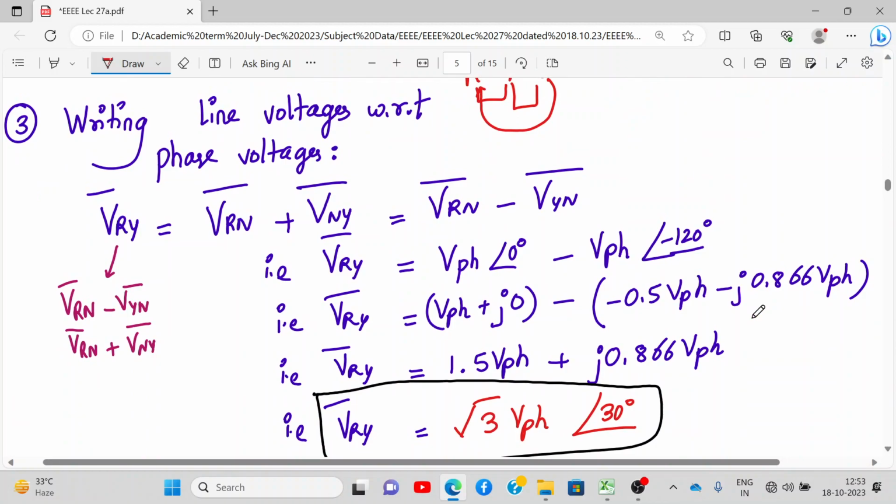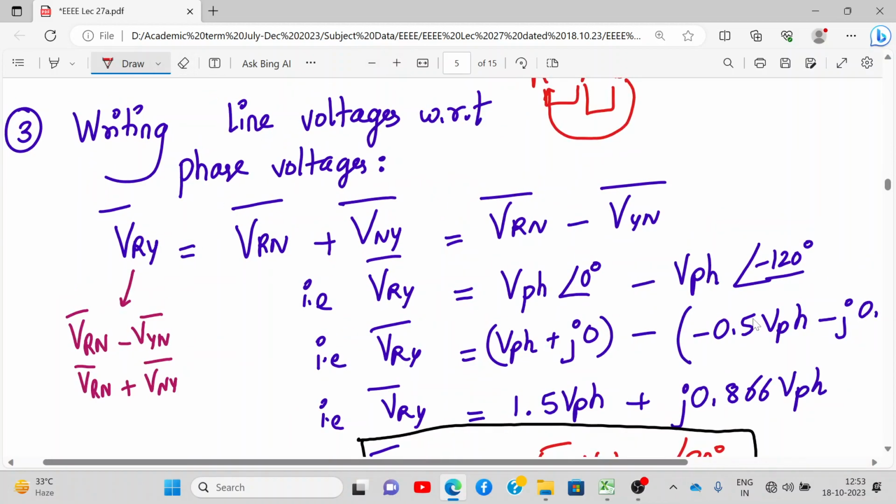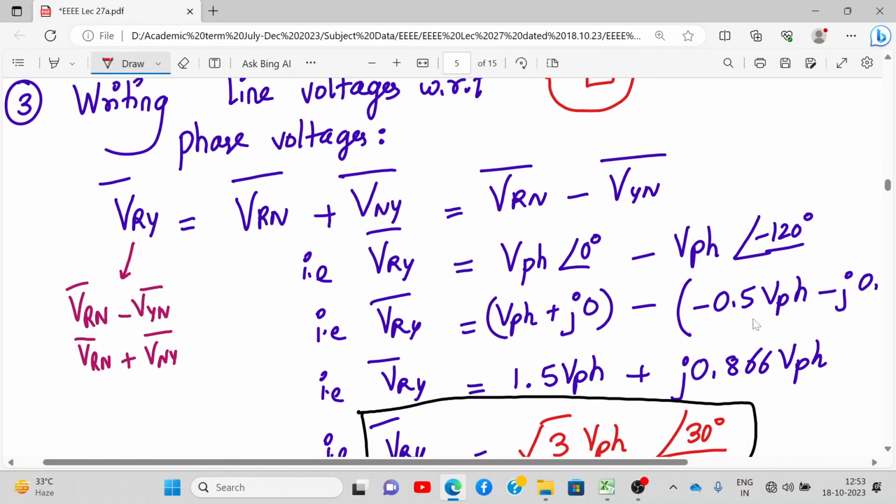So here VRY can be written. Can we write VRY as VRN minus VYN? Can we not write it as VR minus VY? Correct. Now, instead of VR minus VY, I am writing it as VRN minus VYN.